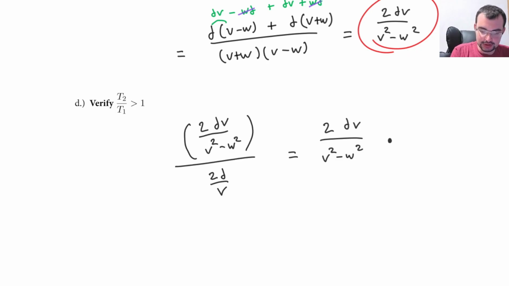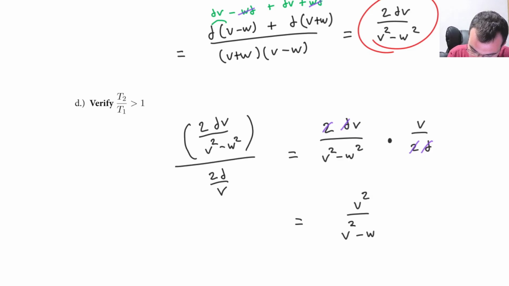Division of fractions can be thought of as multiplication of the reciprocal. That might help here because we got a lot of nastiness. Goodbye 2, goodbye d. And we pick up an extra v here. So we get v squared over v squared minus w squared. So this is a lot cleaner.